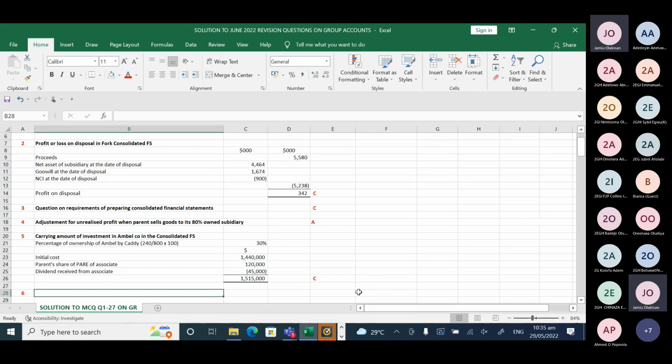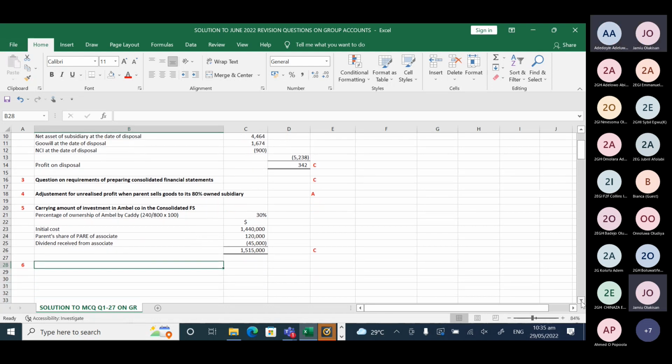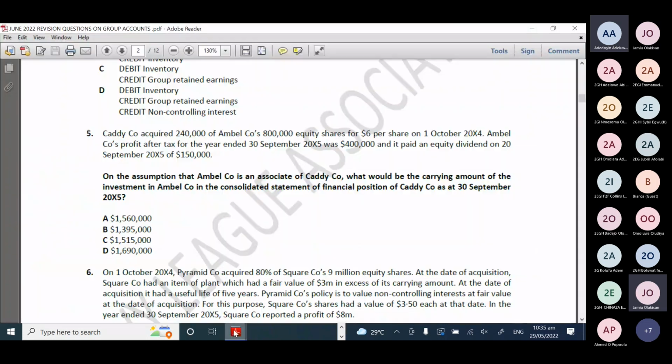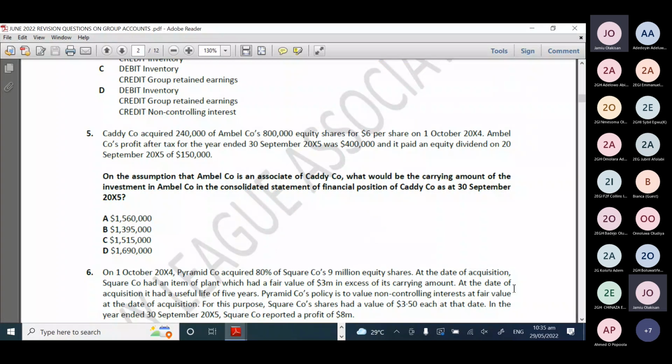Is it due to lack of time that you did it that way? I just assumed that was how to do it. That is not how to do it. I wasn't concentrating. I didn't look at the pro forma that he gave us. I just felt that, based on the ledger, dividend received from associate is separate. Yes, it's separate. You arrive at the same thing, but learn how to do it separately.